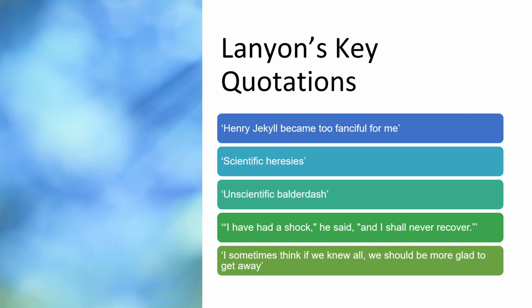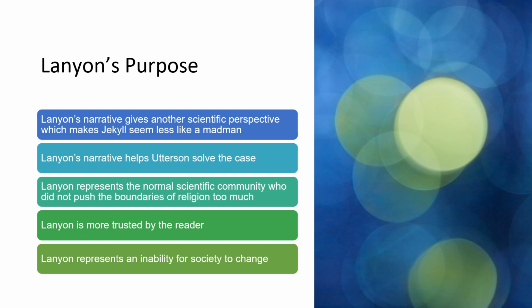So lastly, we've got Lanyon's purpose. Lanyon has a very specific purpose in this novella. Firstly, Lanyon's narrative gives another scientific perspective, which makes Jekyll seem less like a madman. Jekyll's actual perspective on the case, when you read it, sounds like it's not trustworthy. It does sound like he could be making a lot of it up.